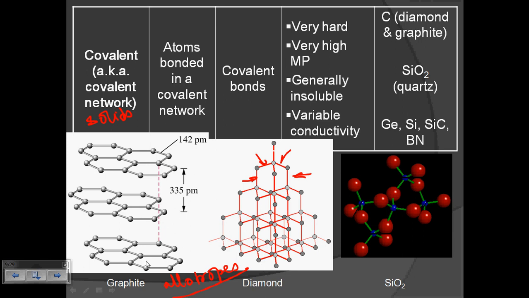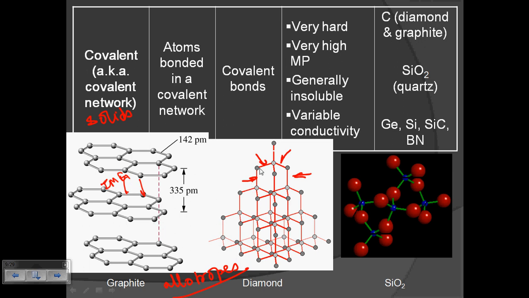In graphite, there are layers of carbon atoms that are covalently bonded, but between these layers there are only weak intermolecular forces. So these layers are free to slip past each other. As you write with the pencil, these layers can separate out and deposit on paper in the way you move the pencil, and hence your writing happens.